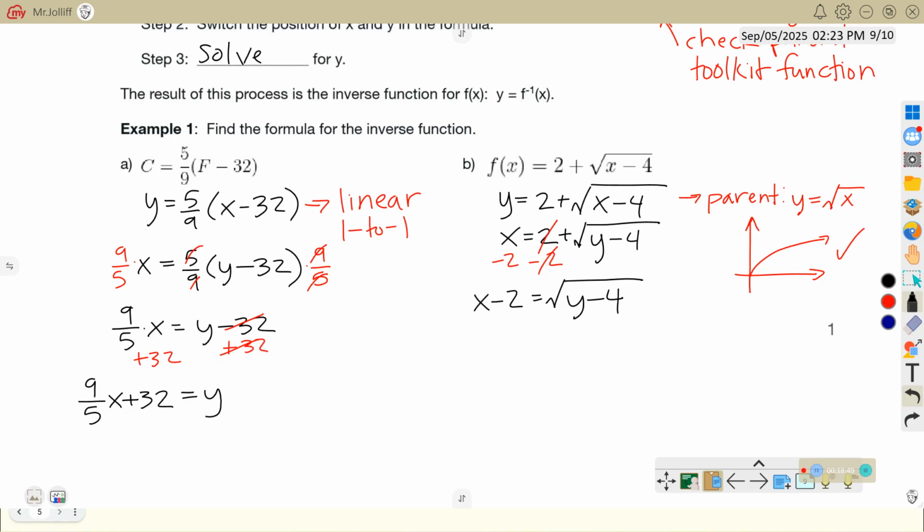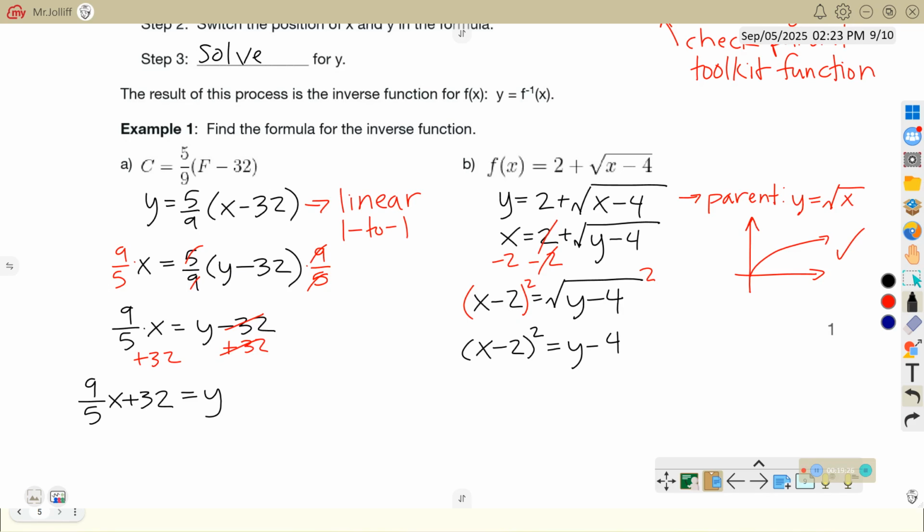I think now that the square root is by itself might be a good opportunity to take Aubrey's suggestion and let's square both sides. Because we know squares and square roots undo each other. Suggestions?